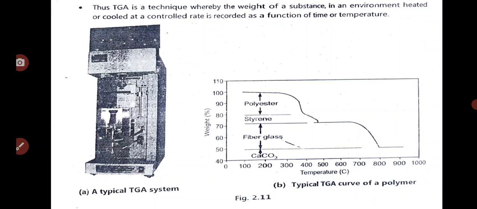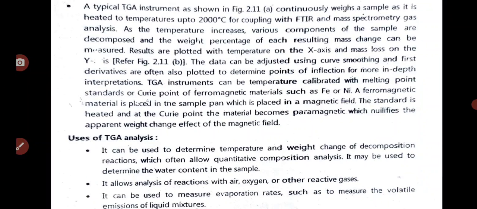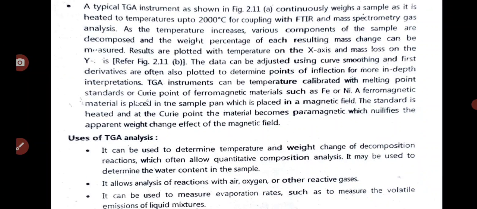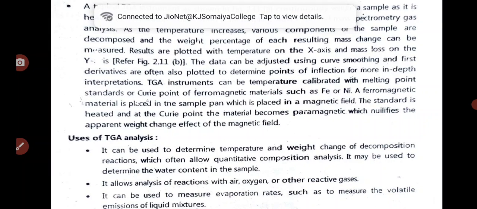And for this analysis, the thermal gravimetric analysis instrument, which is shown in this figure, continuously weighs the sample as it is heated to temperatures up to 2000 degrees Celsius, coupled with FTIR and mass spectroscopy gas analysis. As the temperature increases, the various components of the sample decompose, the weight is measured as a percentage, and the resulting mass change can be measured.